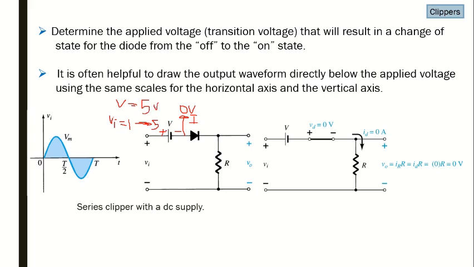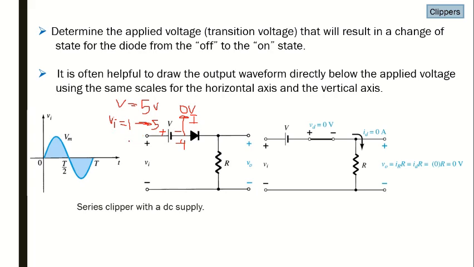This is 5 volts, and Vi is in the range of 1 to 5 volts. For Vi equal to 1 volt, pressure will be applied here, and here we'll lose the pressure of 5 volts. So the output voltage here will be minus 4 volts, and the diode will be in its off state.